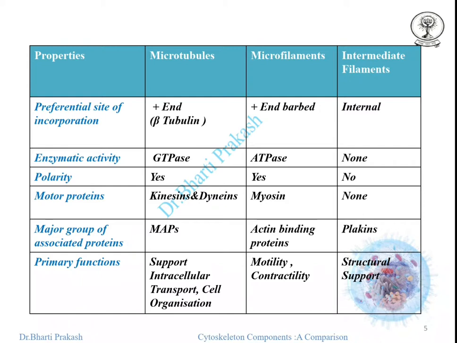Now let us see the different major proteins associated with the cytoskeleton proteins. There are MAPs, that is, the microtubule-associated proteins, for microtubules. The MAPs act as stabilizing and bundling proteins.